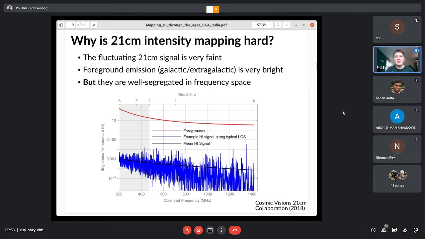The foregrounds are incredibly bright, but hopefully much more spectrally smooth than the HI fluctuations, which are very spectrally unsmooth, but just very faint. So we hope that these two signals are very well segregated in frequency space. You've got very bright but very spectrally smooth contributions from the foregrounds, and faint but rapidly fluctuating signals in the 21 centimeter sector.